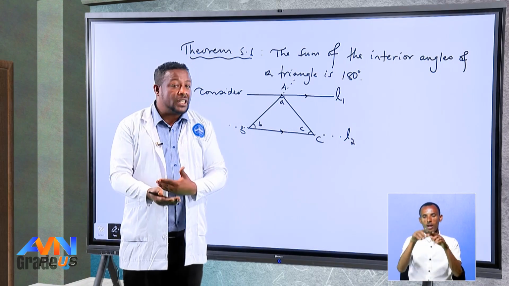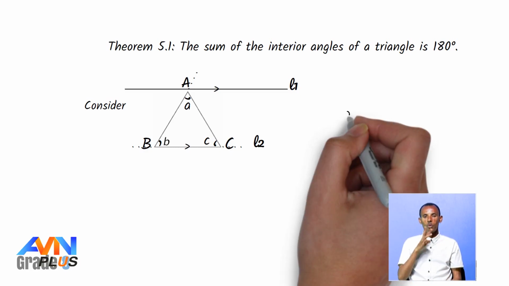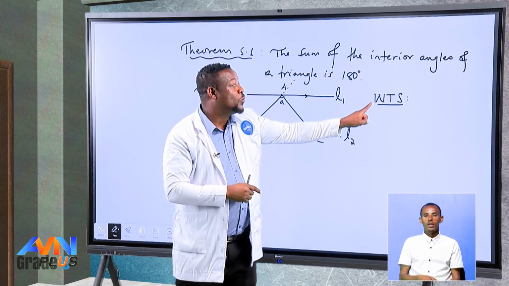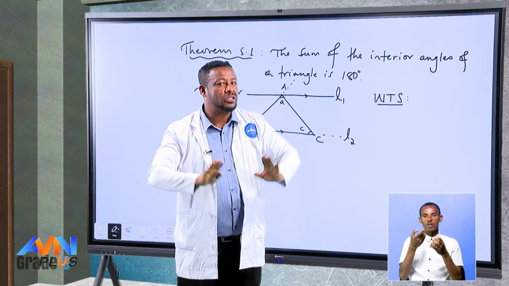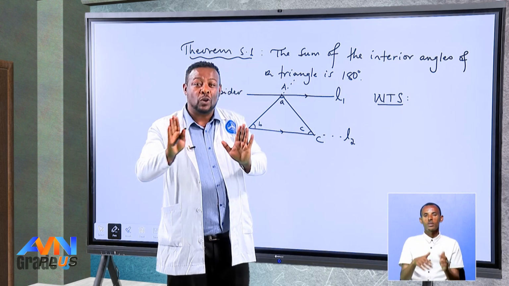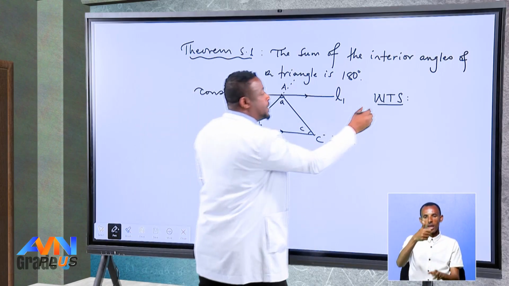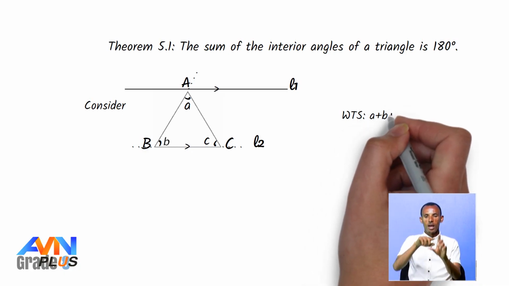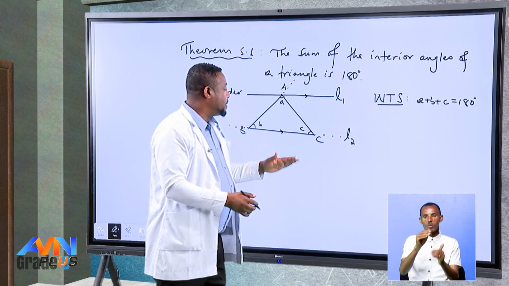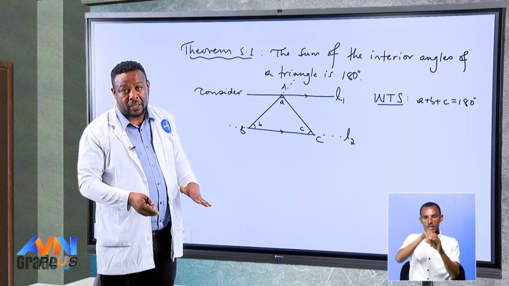Now, our objective is to show that angle A plus B plus C is 180 degrees, because these three angles are the interior angles of triangle ABC.